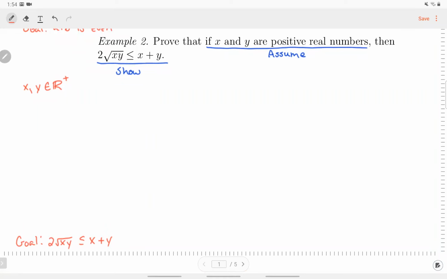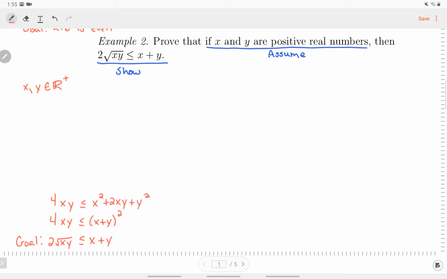Well, let's square both sides and see what happens. That would give me 4xy less than or equal to x plus y squared. Let's write out what x plus y squared is. That's x squared plus 2xy plus y squared.